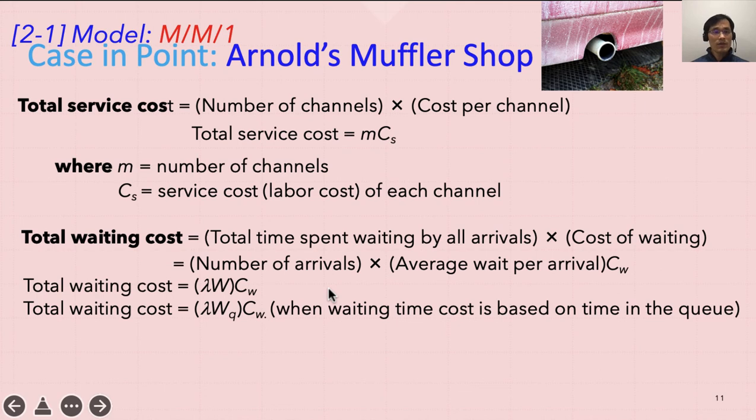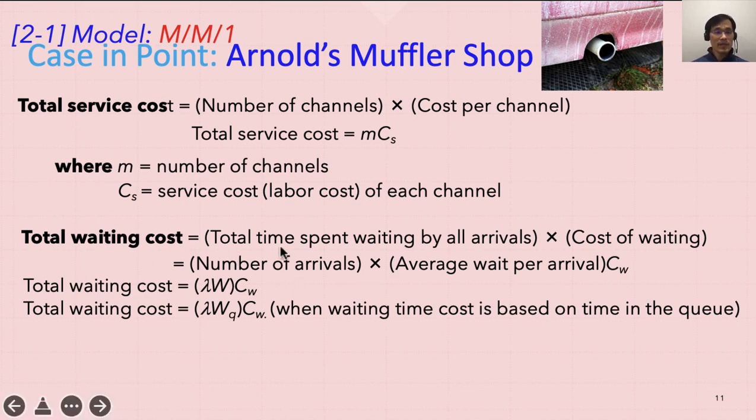And another thing that you need to look at is total waiting cost. So by making your customers wait for your service to be taken care of, how much are you paying for it, right? So that's the cost that you have to consider too. Obviously, the longer you make your customers wait for your service, the worse it is. And it can be calculated by this formula.